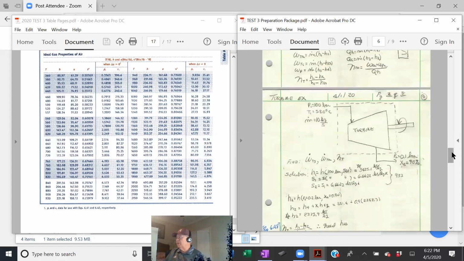Okay, let's work a real problem, a turbine problem. We're given that the high pressure going into the turbine is 100 bar, the temperature is 520 degrees C, and the mass flow rate is 10 kilograms per second. Coming out of the turbine, P2 is 0.01 bar, and the quality coming out of the turbine is 90%.